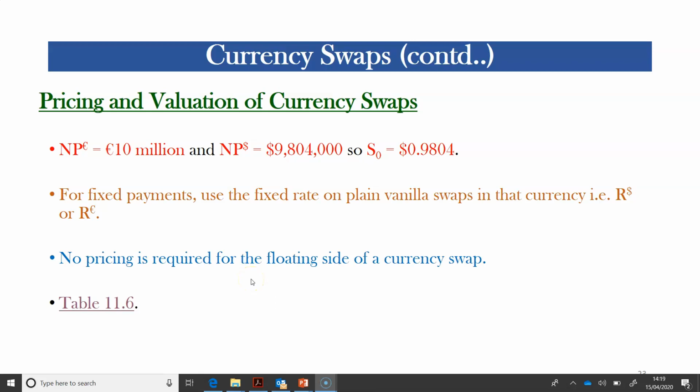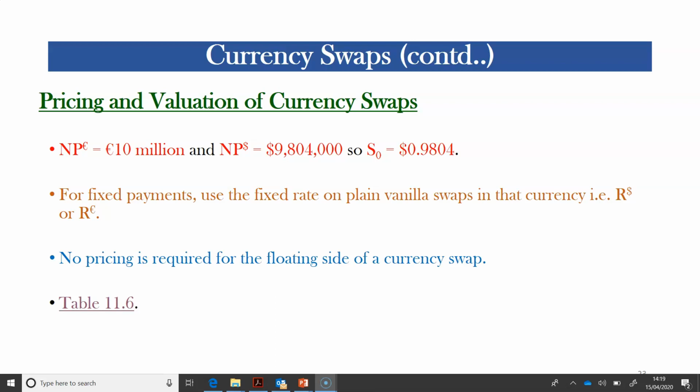As we know from our first video tutorial, floating rate side will have its value equal to par value. That is, the value of floating rate bond is equal to the par value of the bond at the start. We don't need to value the floating rate side of the swap, so we need the term structure of dollar and euro interest rates to calculate the respective fixed rate.